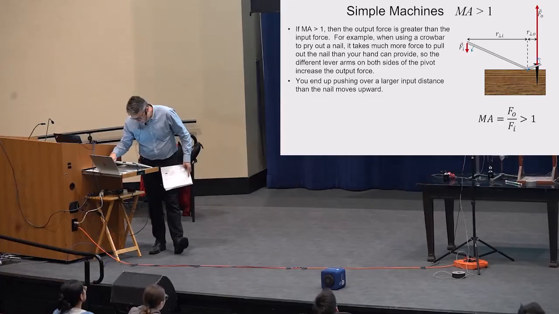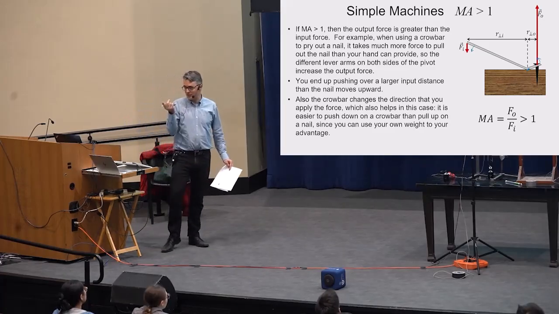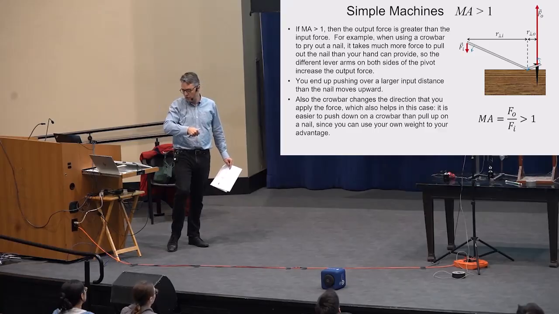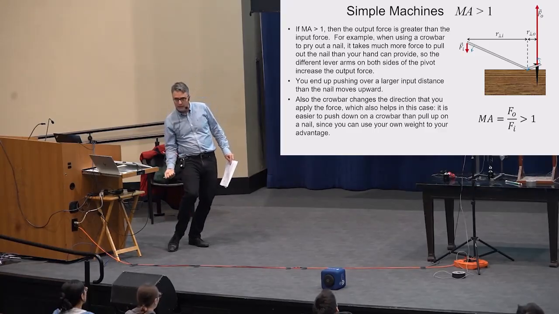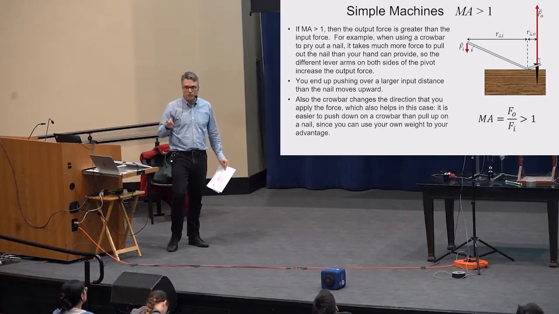What you end up doing is you push over a larger input distance than the nail moves upward. And I guess also what's interesting to note here is that you do push with less force than the nail experiences. So the nail experiences greater force.